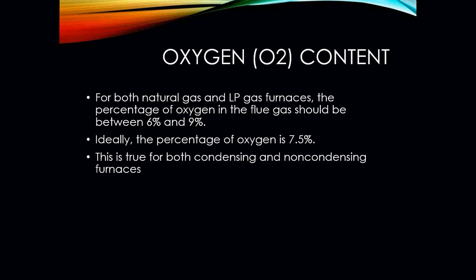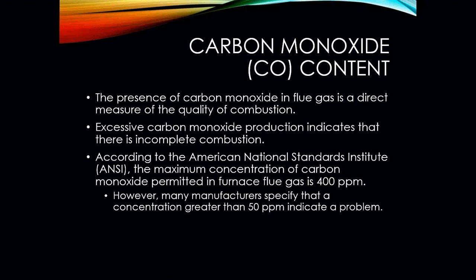If you have anything less than that, you obviously have an issue with the combustion air in the room. You may have to consider putting in a makeup air vent or some sort of device to bring in additional air to help support combustion. This holds true for both condensing and non-condensing furnaces.